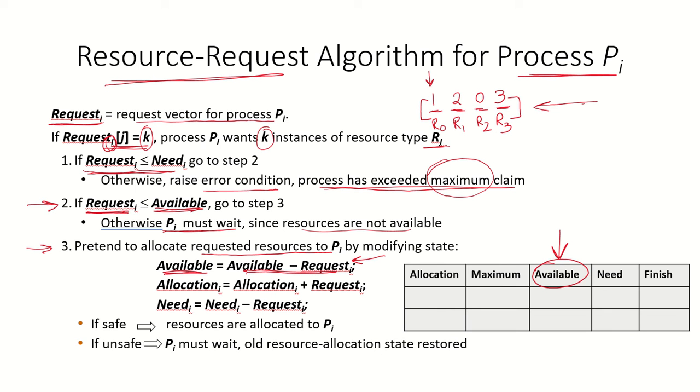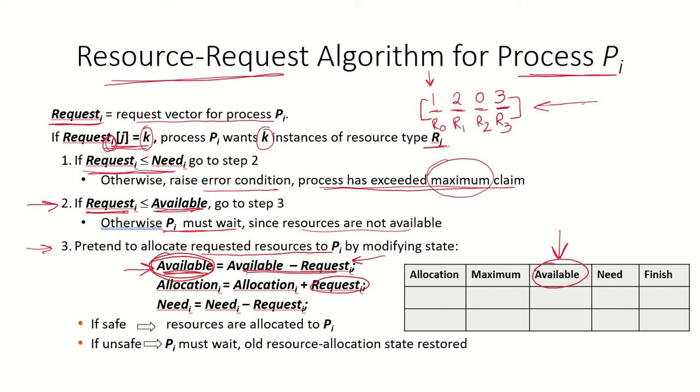And after that we will assume that the process has completed its execution, and when it releases its resources, it will be considered as completed. But right now we are assuming that the resources have been allocated to that process, so they will be subtracted from the available vector.